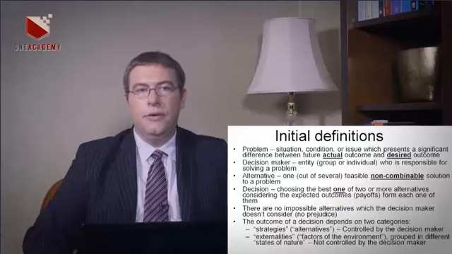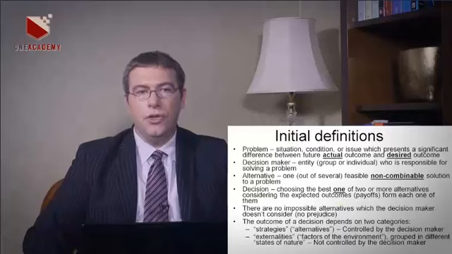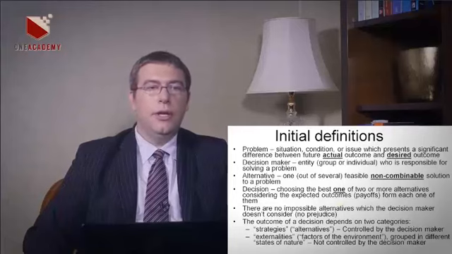When we're speaking about the normative reasoning decision approach, there are some initial definitions, which I would like to state pretty easily. First is problem. What is a problem? Problem is a situation, condition, or issue which presents a significant difference between future actual outcome and desired outcome. I would like to elaborate here a bit more.